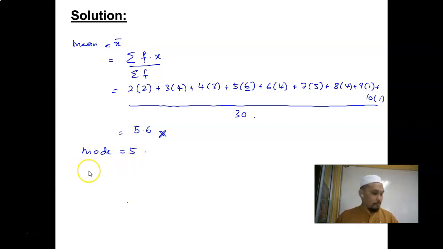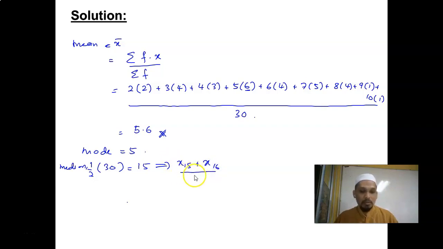Then next, the median. Half of the data, half times 30, equal to 15. This is the median. Half times 30 equal to 15 means we look at the 15th observation: X15 plus X16 divided by 2.